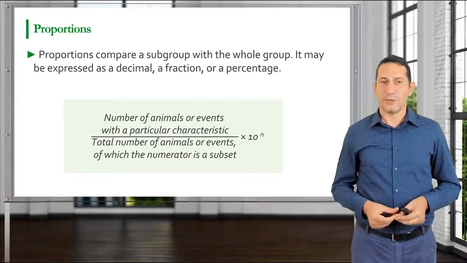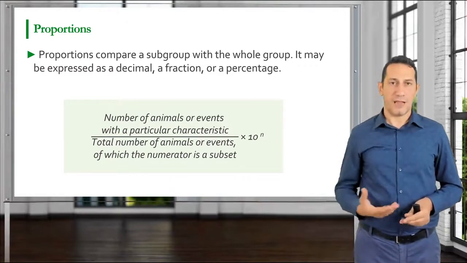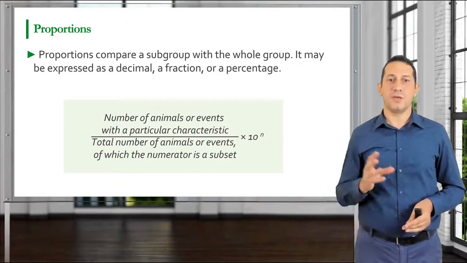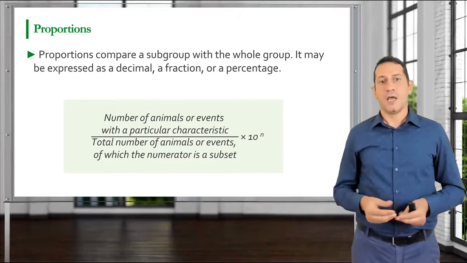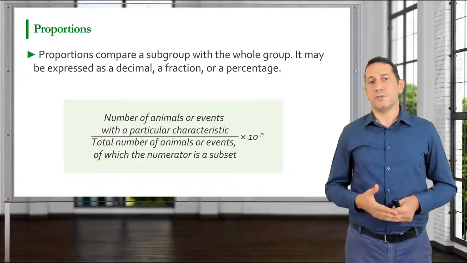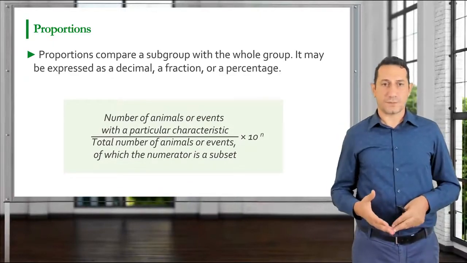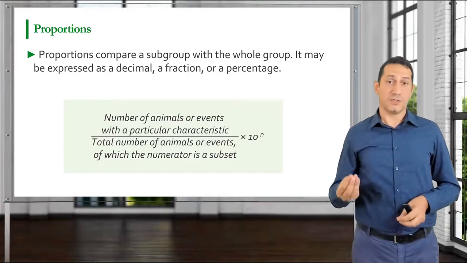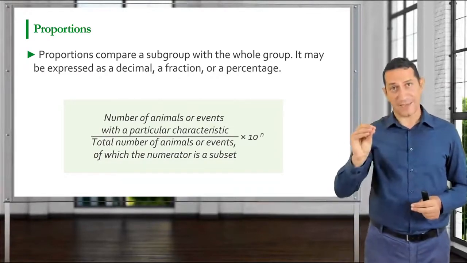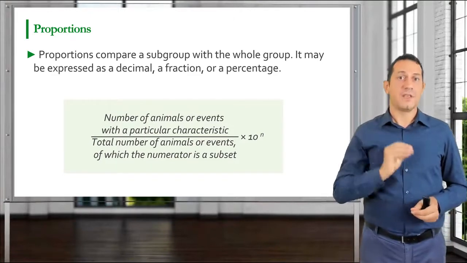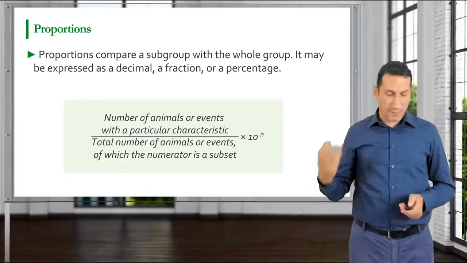The way to calculate them is, for example, the number of animals or health events with a particular characteristic or a specific disease over the total number of animals or events of which the numerator is a subset. So let's say the number of affected over the number of affected plus the number of unaffected.